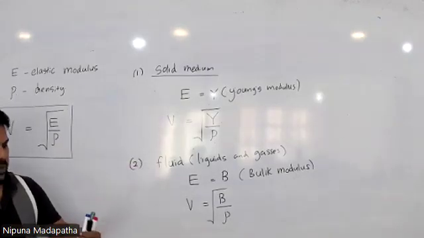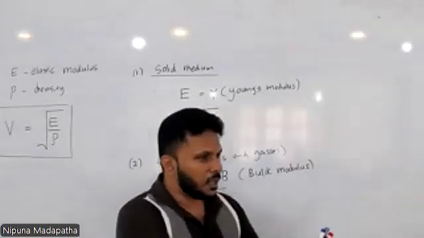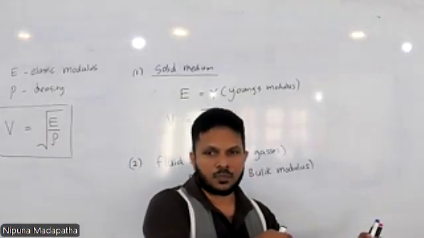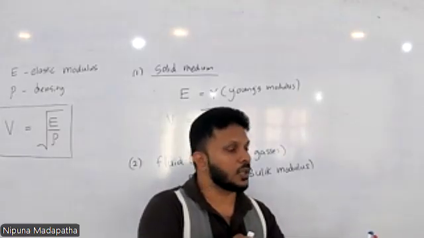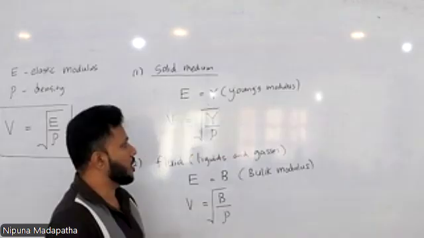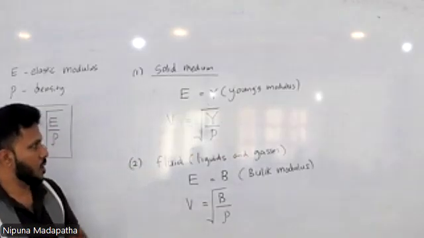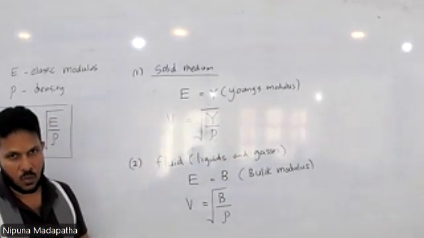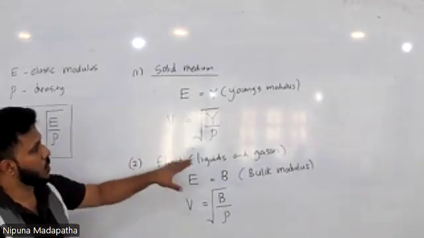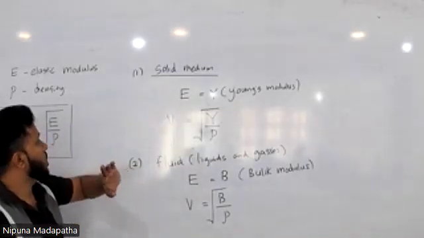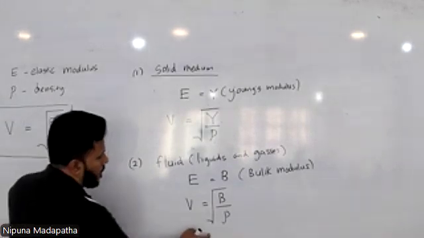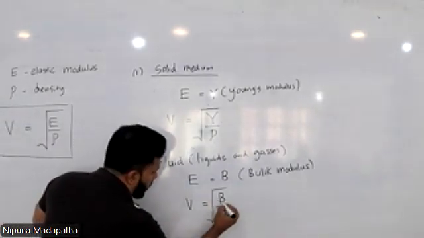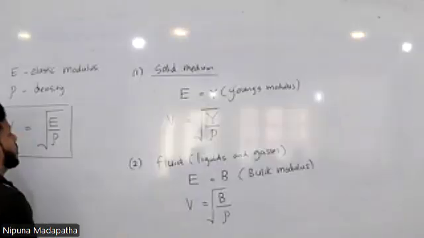If we apply force to a metal wire, it exerts tensile stress and tensile strain, and that depends on Young's modulus. Therefore, for solid mediums, we use Young's modulus as the elastic modulus.